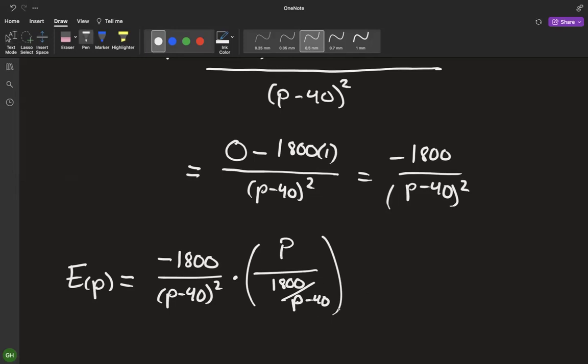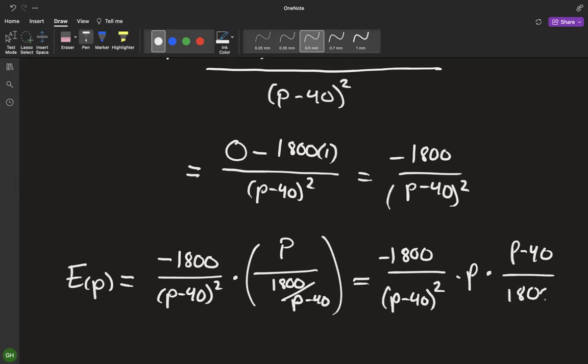And I probably want to get rid of this double fraction. So let me do the same trick where if I'm dividing by a fraction, I multiply it by its reciprocal. So this is negative 1800 divided by P minus 40 squared times P minus 40 over 1800.